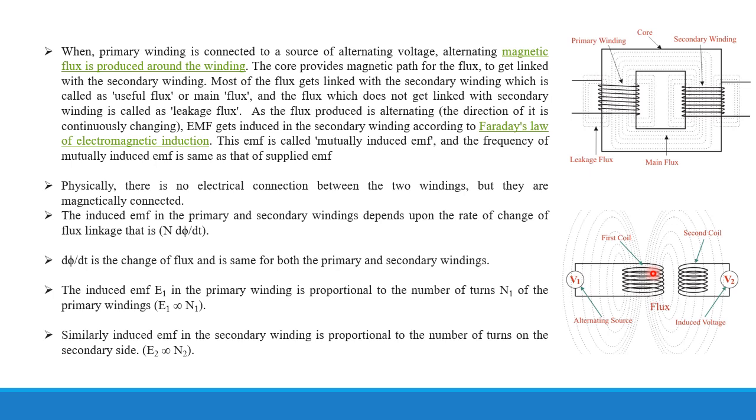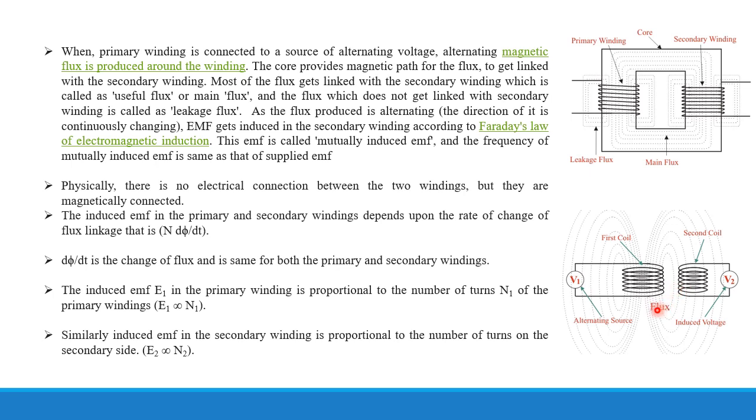As the flux produced is alternating, EMF gets induced in the secondary winding according to Faraday's laws of electromagnetic induction. This EMF is called mutually induced EMF, and its frequency is the same as that of the supplied EMF. Physically, there is no electrical connection between the two coils, but they are magnetically connected.